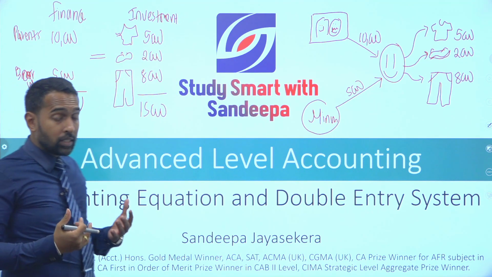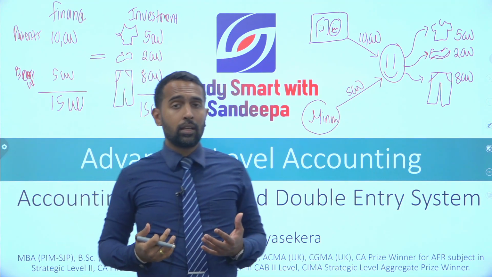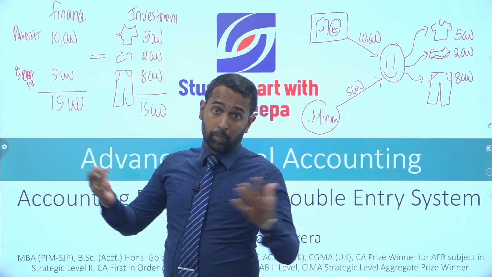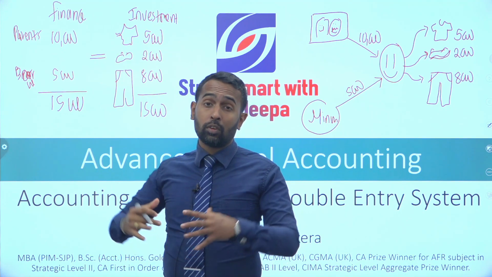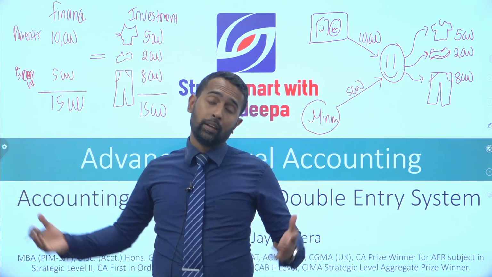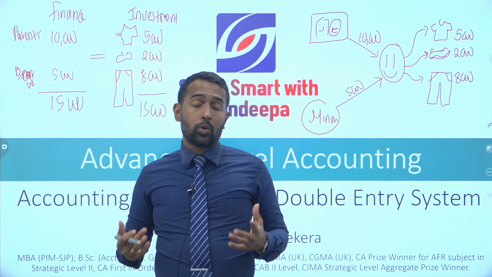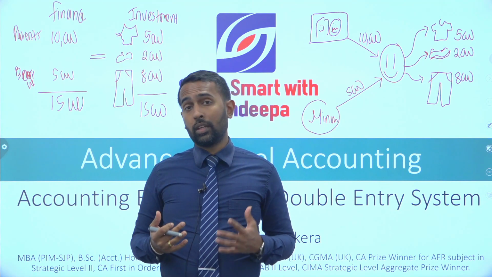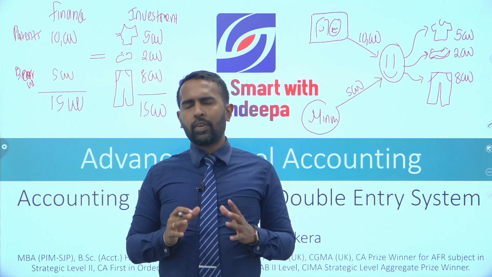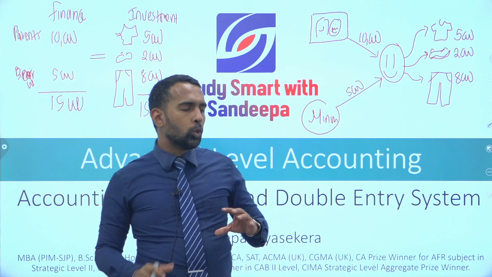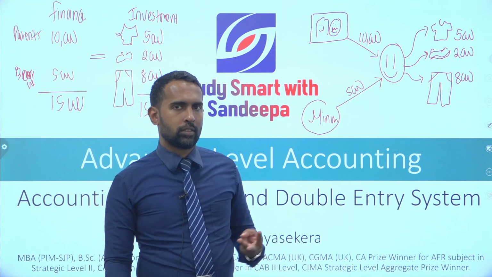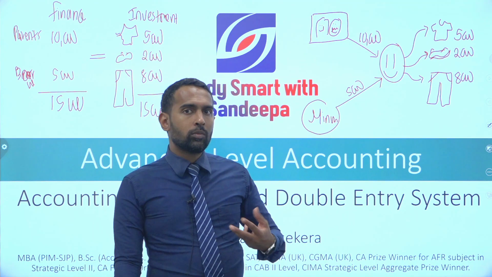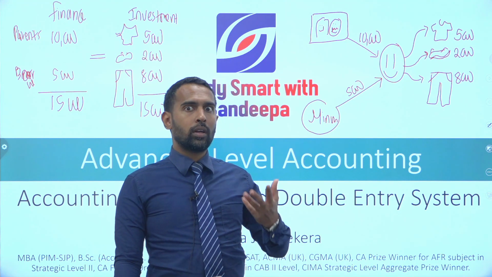Right? So Ayomal has received 15,000 rupees, 10,000 from the owners, the parents, and 5,000 from the external party, Minuri the friend, as a loan. And the total financing he has received is 15,000. And that 15,000 he has used to purchase 3 possessions, 3 things that belong to him.